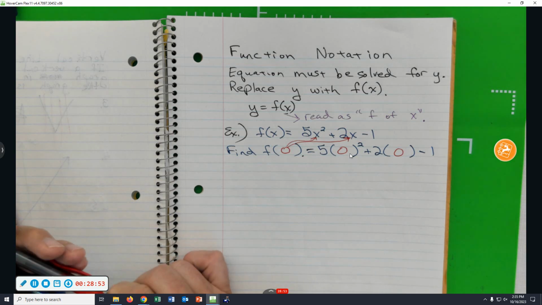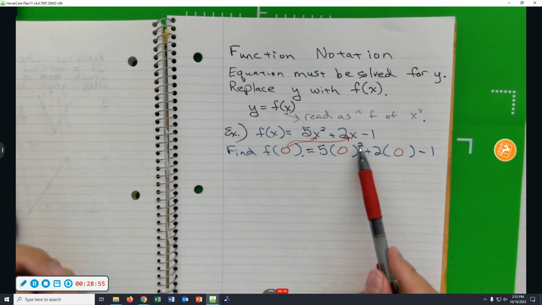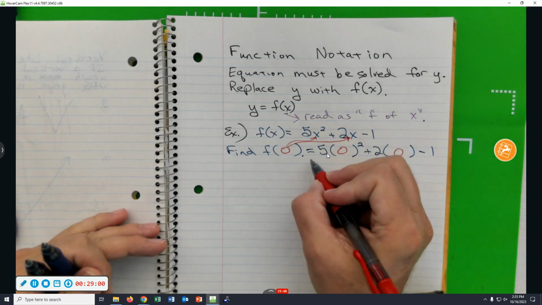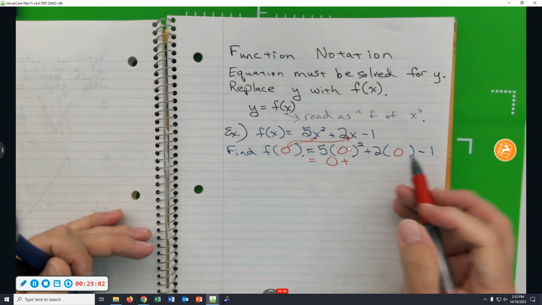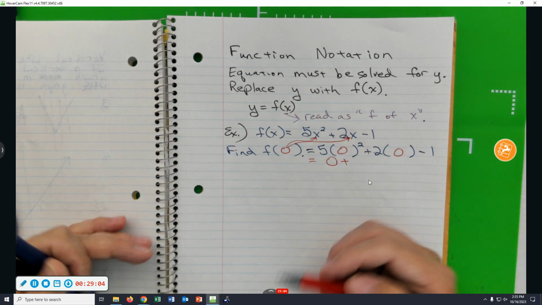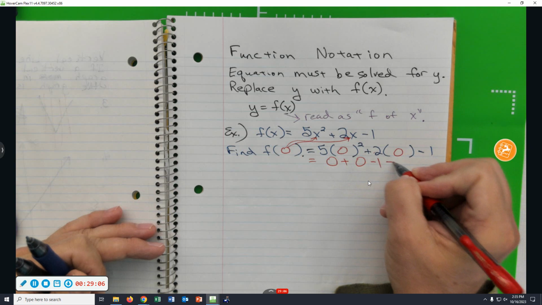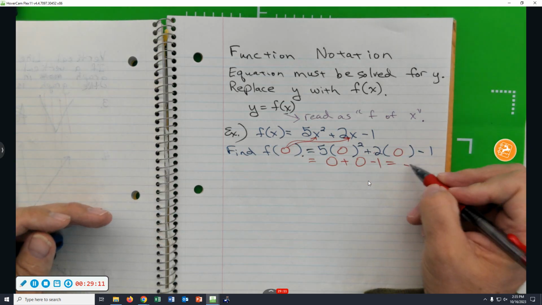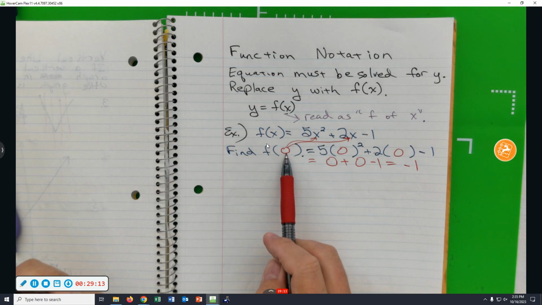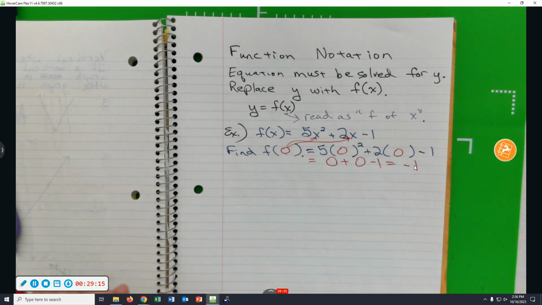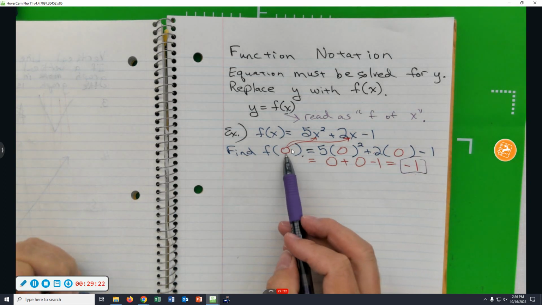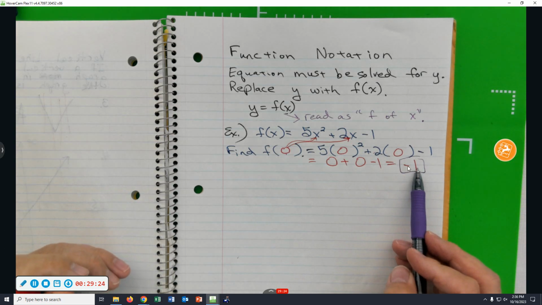Remember, in your order of operations, you square the 0. 0 squared is 0, times 5 is 0, plus 2 times 0 is 0, minus 1 gives me a y value of negative 1. So when x is 0, the y value is negative 1. We just generated an ordered pair.